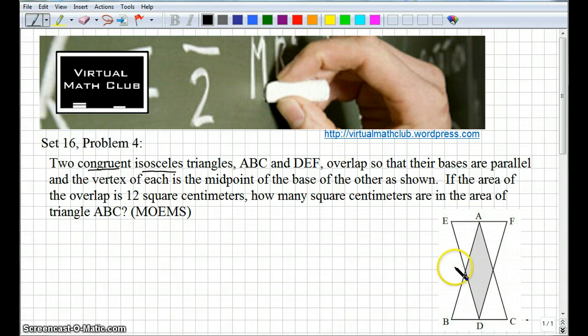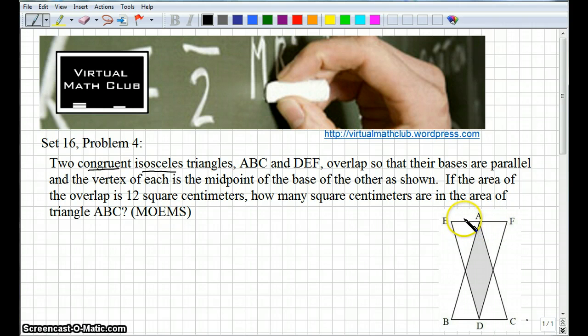Okay? And they overlap so that the vertex is the midpoint of the base of the other. So here's the vertex A, and we're told that it's the midpoint of the base of the other one. The base is EF, and so the point A divides EF into 2.